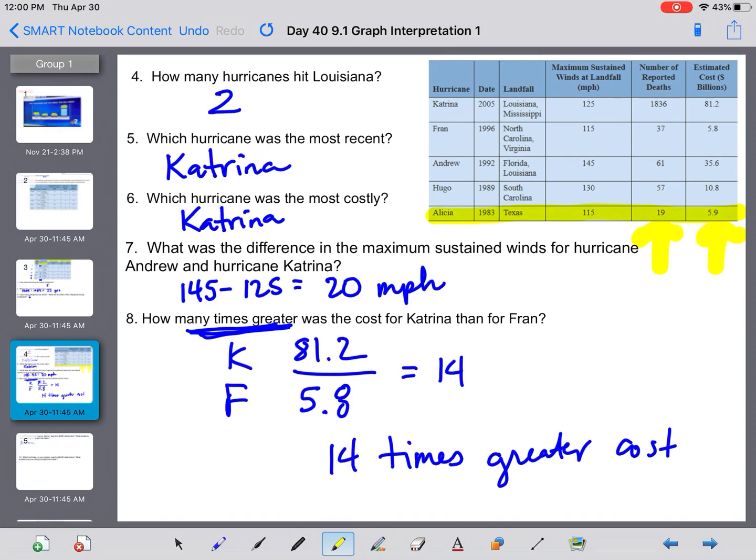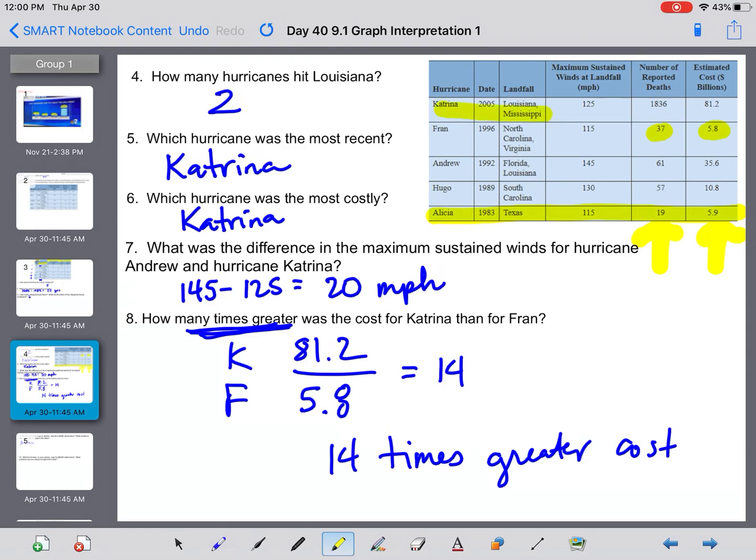So Alicia has the fewest deaths. It's not the cheapest. It looks like Fran was just a little bit cheaper, but it wasn't off by a whole lot, but the number of deaths were off by quite a bit. 19 compared to 37 is a pretty big difference. So in my opinion, I would say that Alicia was the least destructive.